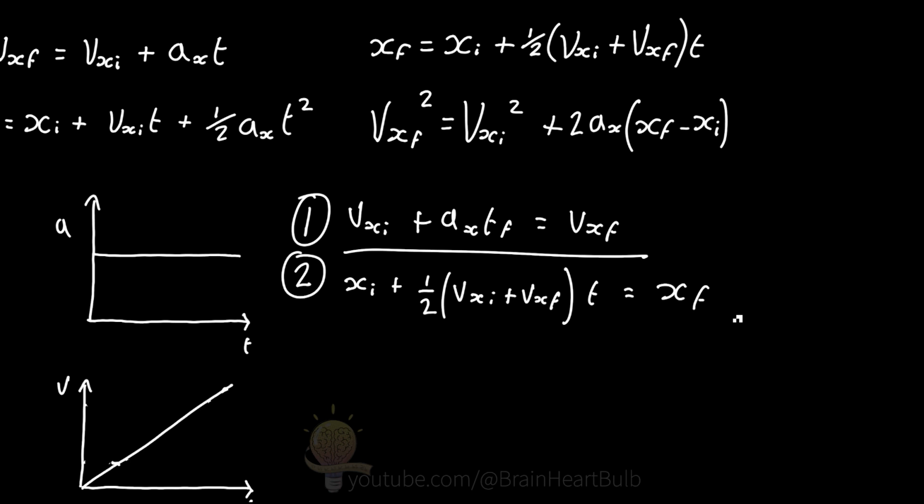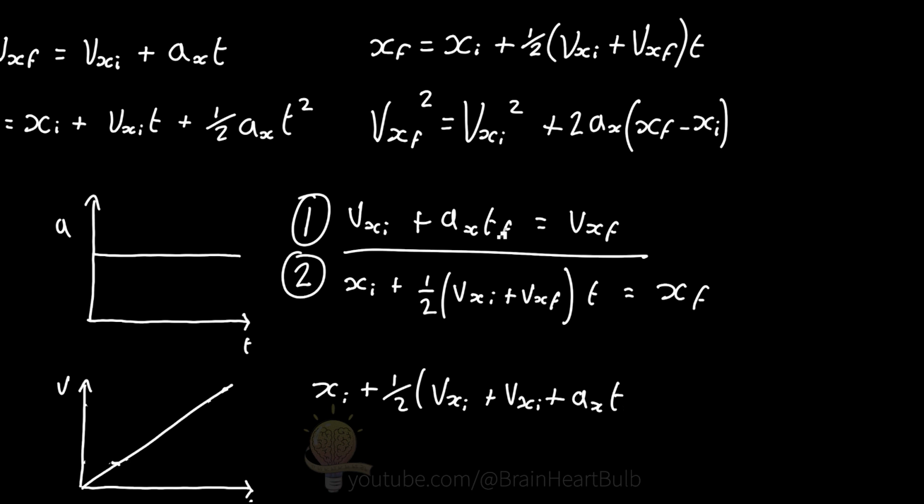To derive the next equation, we can substitute equation 1 into equation 2. So we can add the left-hand side of equation 1 into this term here, because we've got the final velocity up here. So we get the initial position plus half of the initial velocity plus this term up here, which is equal to the initial velocity again plus the acceleration along the x-axis over a specified time.